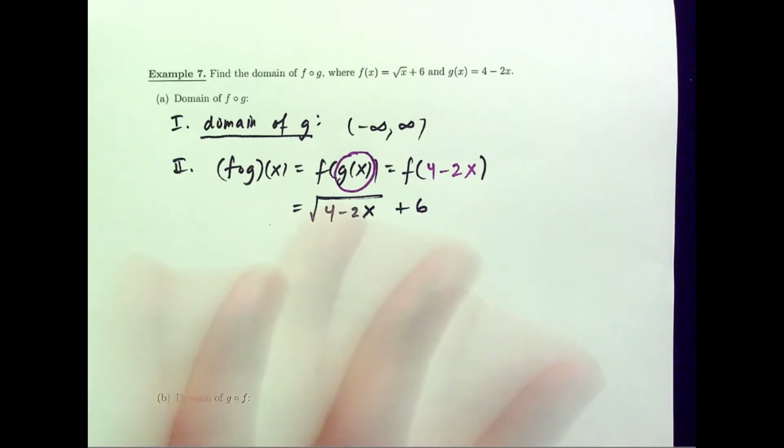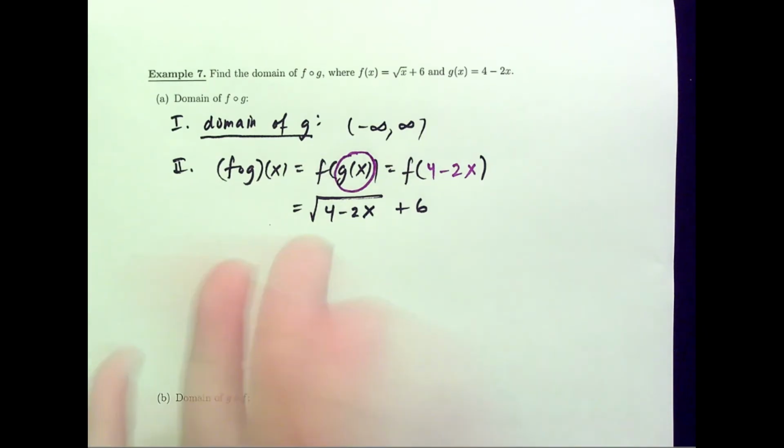There's nothing to simplify. There's no like terms to be combined or anything like that. So let's find the domain of that. For finding the domain, you just go through the bullet points. First bullet point, if there's any fractions, denominator is going to be 0. Well, there's no fractions, so first bullet point does not apply.